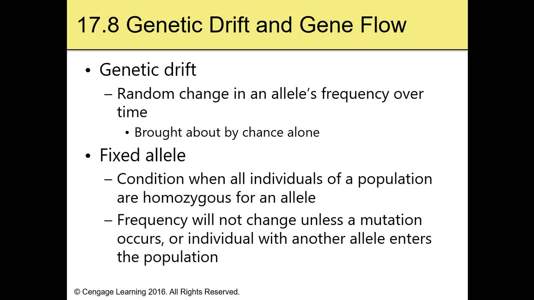So now, because you've got mostly brown ones left, that's what they're talking about with genetic drift. It's that random change in an allele's frequency brought about by a chance event, like a volcano exploding or a flood or something like that. Usually it's an ecological disaster.